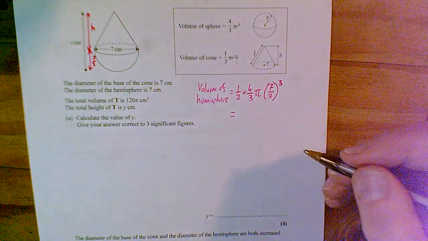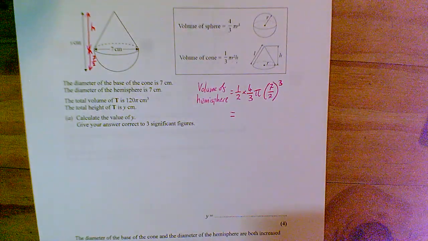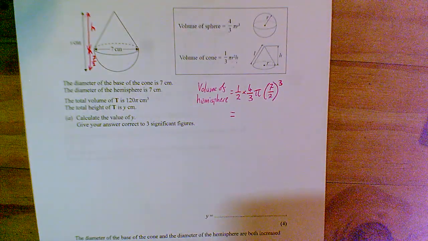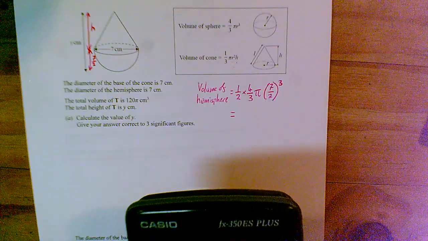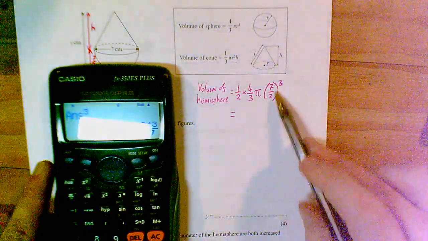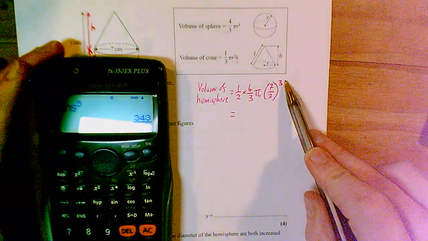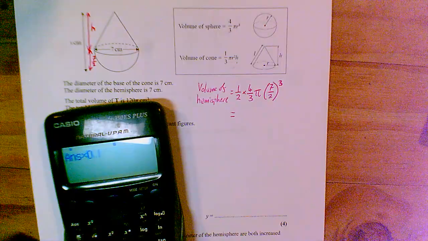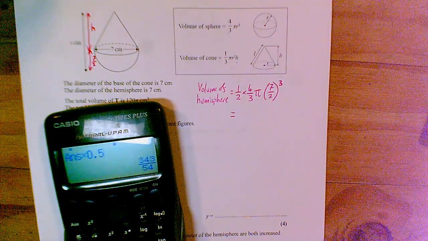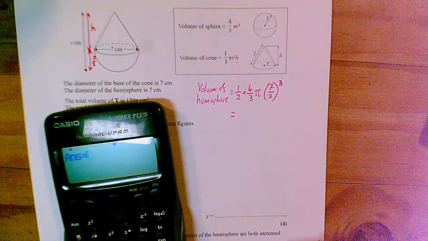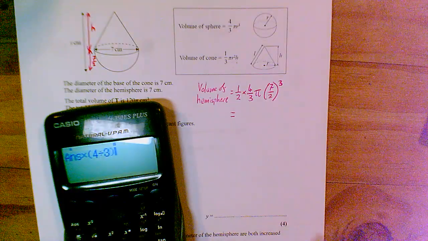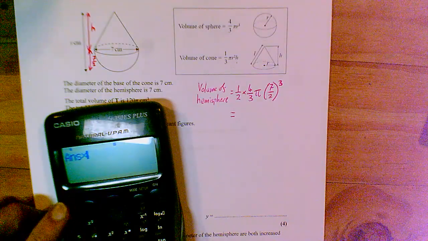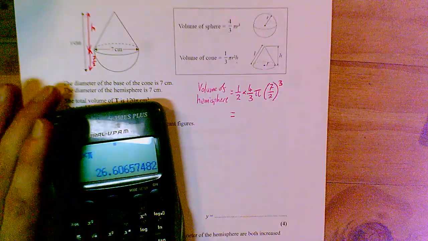So I'm going to do a couple of things on my calculator. I'm going to work out what 7/2 cubed is. Actually, I'm just going to type this whole thing in one go. Times by 4/3 times by pi.